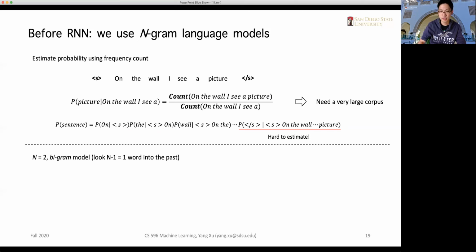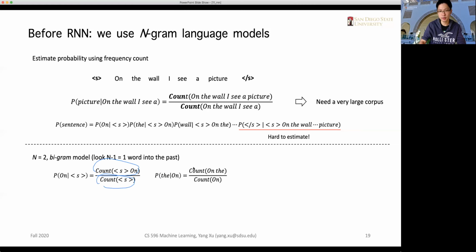So the simple thought is that we can reduce the length of the context. We use fewer context words, right? We just look back, for example, only one word. If we only use the previous one word as the context, then we will have the so-called bigram language model. So the probability of the word "on" conditioned on the starting symbol is the count of these two phrases divided by the count of the starting symbol, right? So that's one estimation.